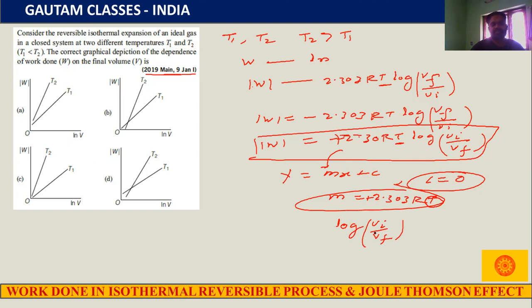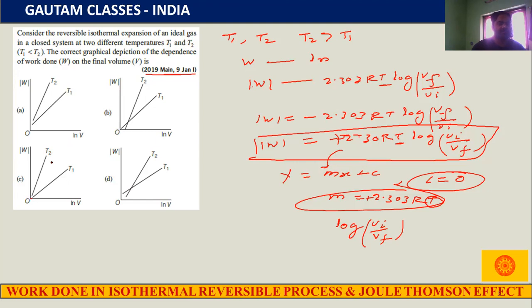By increasing the volume, what will happen? Work done will decrease. So when we go from this point to that point, work done is going to decrease. In all those conditions, this is happening. So no doubt here. Only one thing we are going to consider here, temperature. On increasing the temperature, work done will increase.